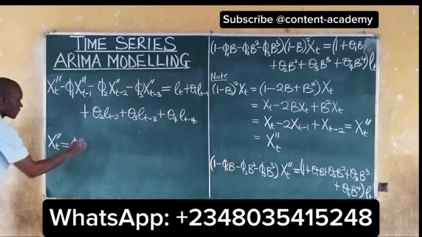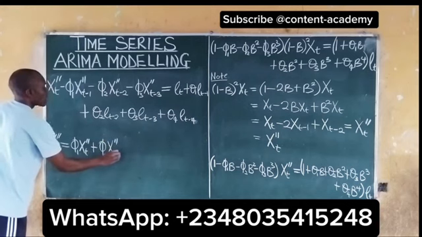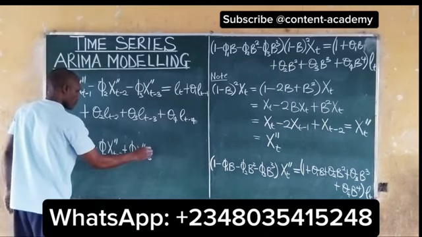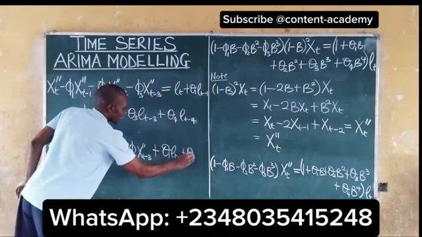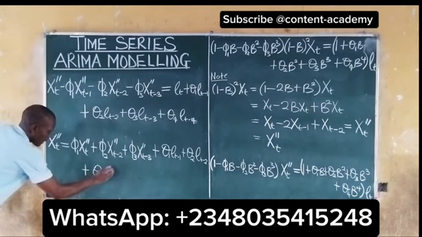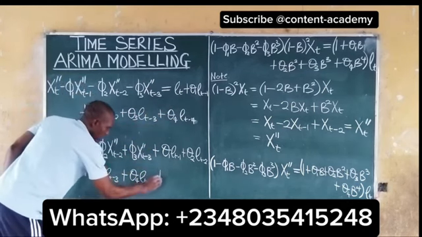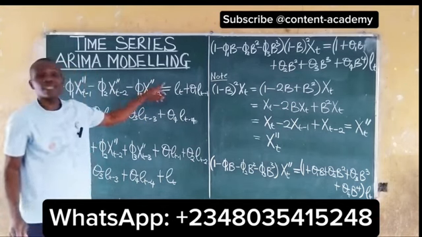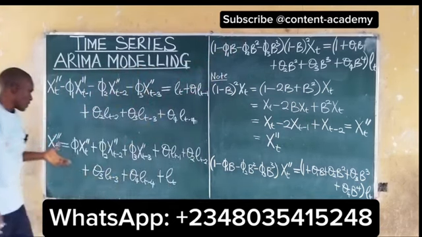So it will be phi 1 xt minus 1 prime prime plus phi 2 xt minus 2 prime prime plus phi 3 xt minus 3 prime prime plus, we start with this, theta 1 et minus 1 plus theta 2 et minus 2 plus theta 3 et minus 3 plus theta 4 et minus 4 plus et, our error term or the white noise. So this becomes the model for the given ARIMA 324. Or we can still write it as this, but expanding it, we write it as this.